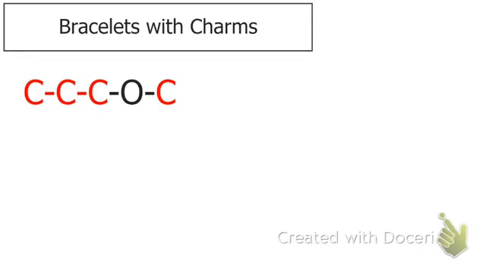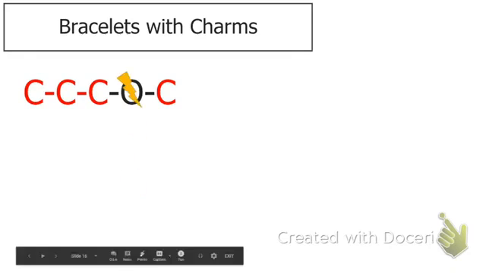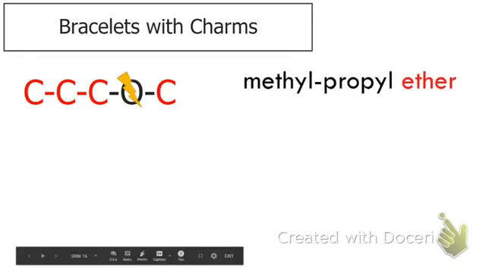What about this one? This is our ether. Breaks it into two chains. This chain is methyl. This chain is propyl. Alphabetically, methyl comes before propyl. So this is methyl propyl ether.